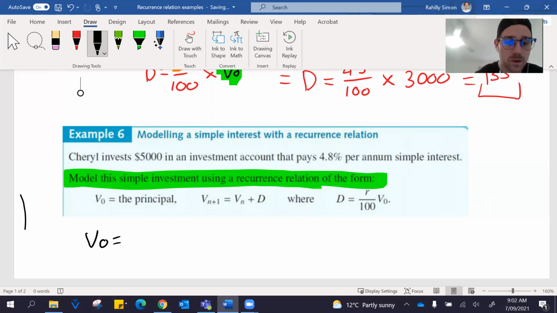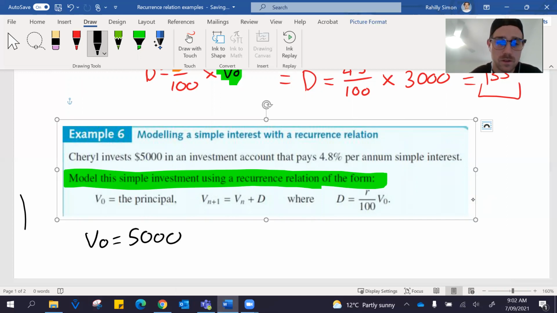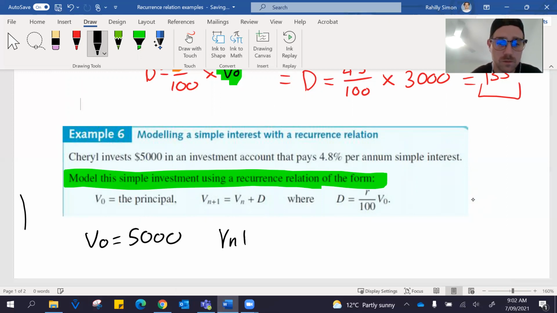So the principal is 5,000. And then we go Vn+1 equals Vn plus D. And we actually have to find out what D is.